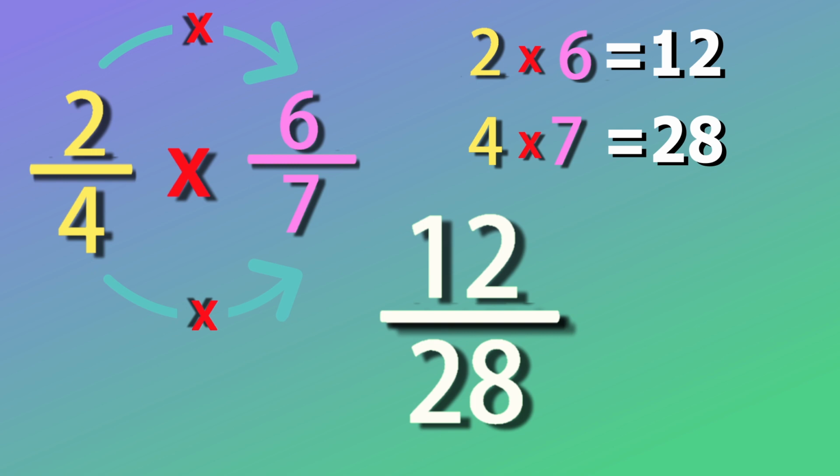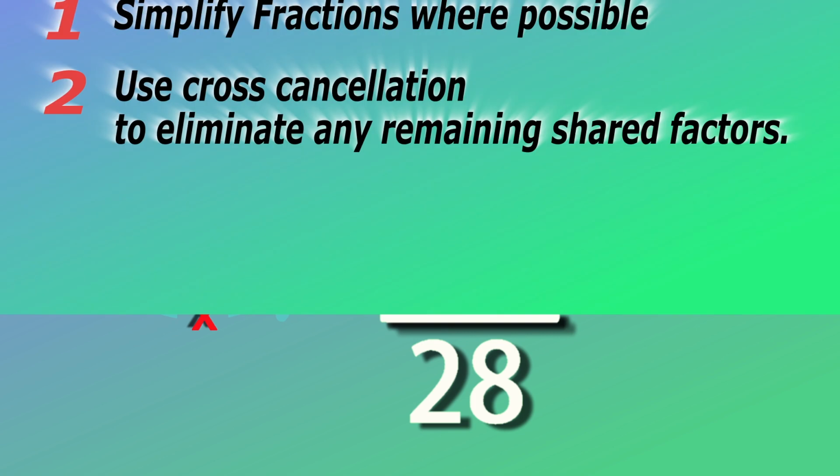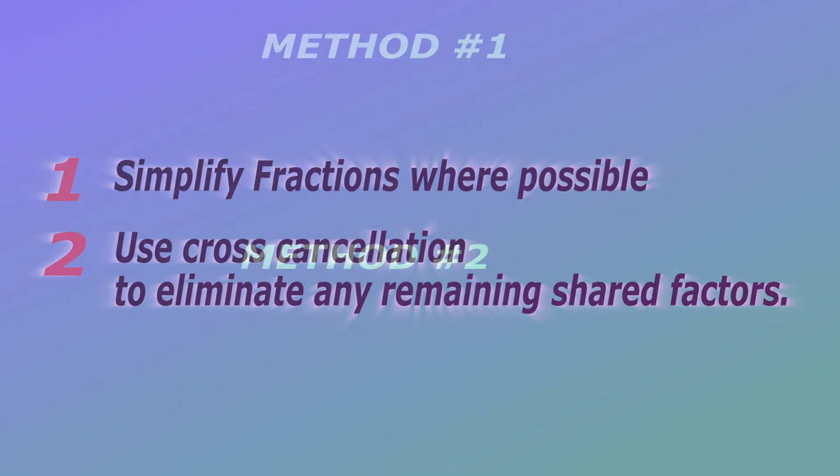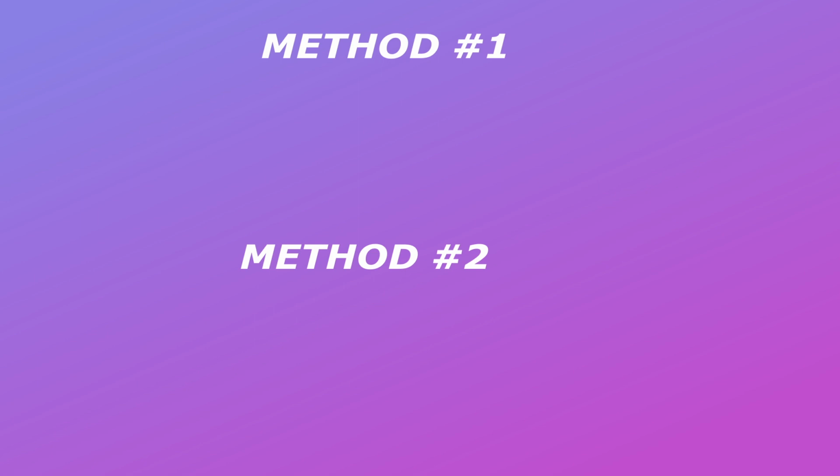It involves the following two steps, which we do before multiplying horizontally. In the first step, we simplify fractions where possible, and in the second step, we use cross cancellation to eliminate any remaining shared factors. Now, there are two ways of simplifying fractions.